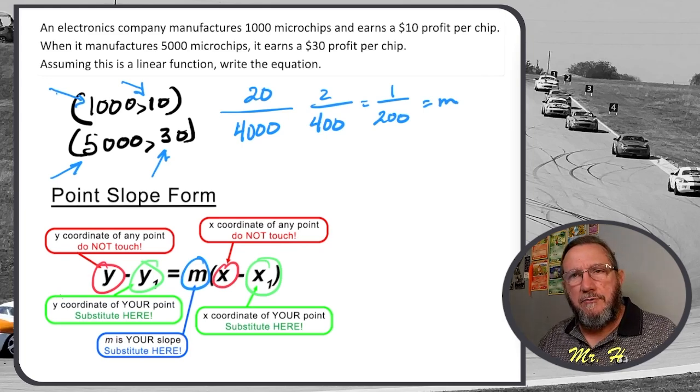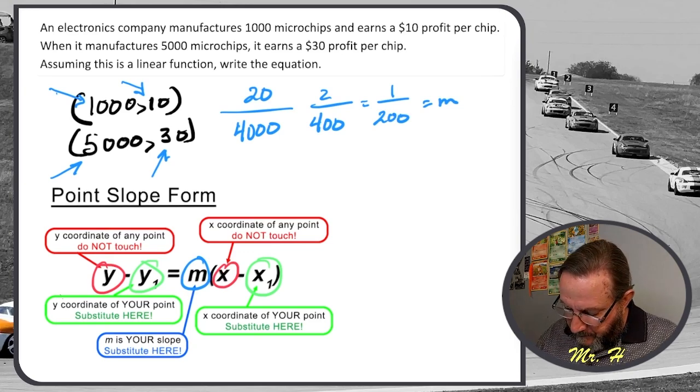Now it's time to go to the point-slope form. Select one of our points to use with the slope that we have found and make our substitutions. Follow along. Let's select this first point here. Our formula begins with y minus y sub 1. That's going to look like this.